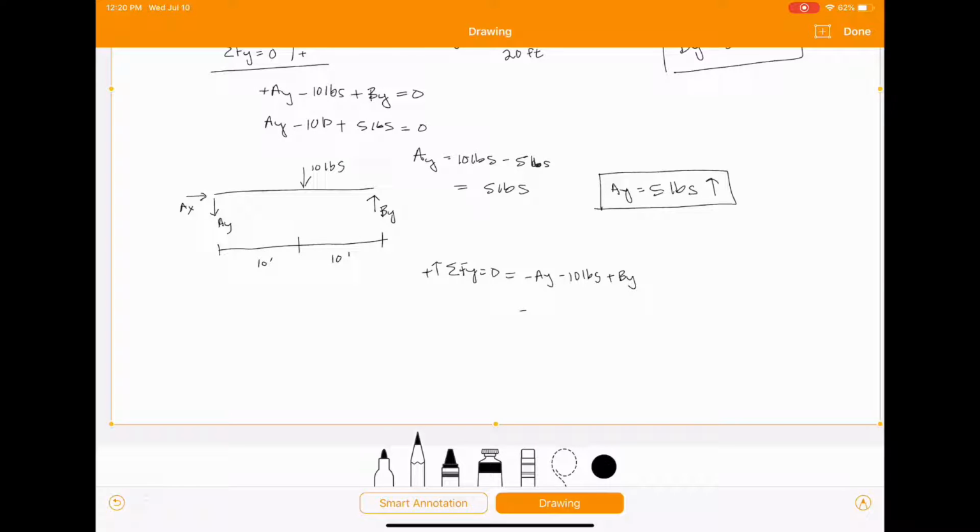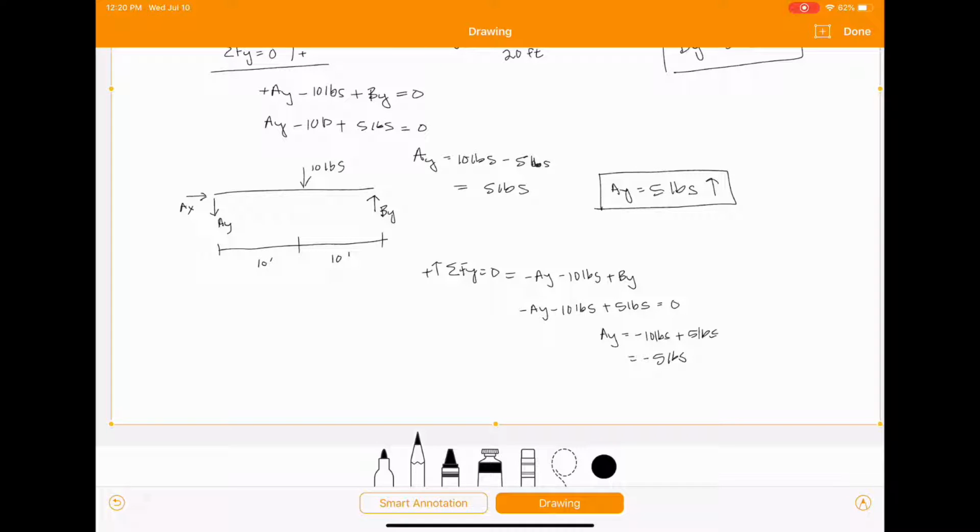So we're going to get negative AY minus 10 pounds plus 5 pounds equals 0. We can solve for AY, and that's going to equal negative 10 pounds plus 5 pounds, which is going to be equal to a negative 5 pounds.